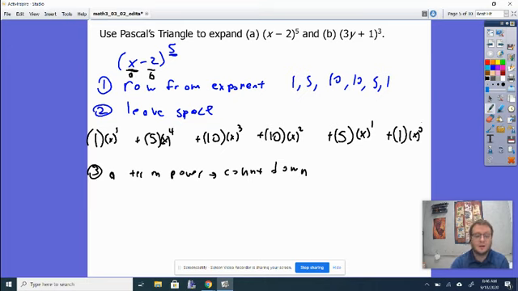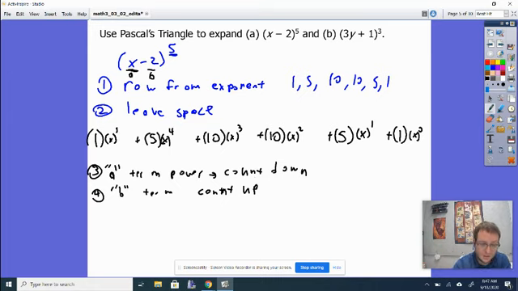Okay, I'm going to take the B term and count up. And I'm going to count up from 0. So I'm basically flip-flopping these, okay? I've got this side starting at 5, going all the way down to 0. So I'm going to start at 0 and go all the way up to 5.